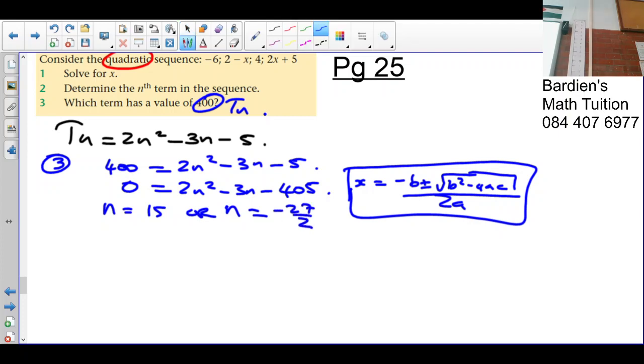But remember, n can't be negative. Not so. And n can't be a fraction either. Therefore, that one's not going to work. Therefore, T15 is equal to 400. Which means to say, if I extend that pattern by 15 terms, the 15th term would be equal to 400. Okay.